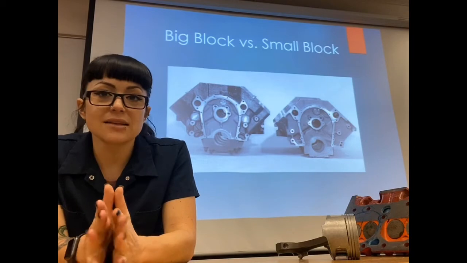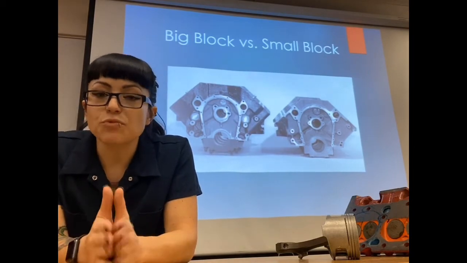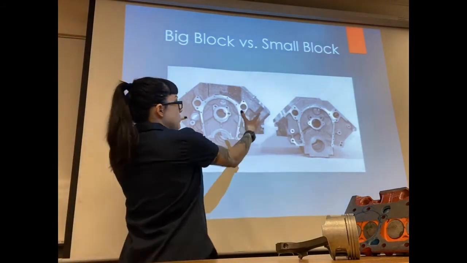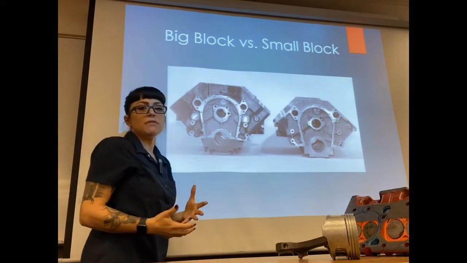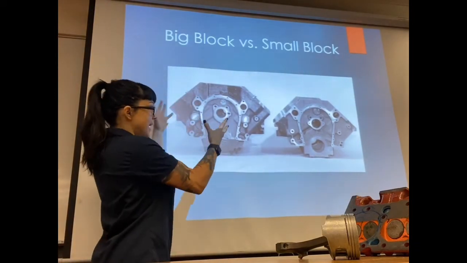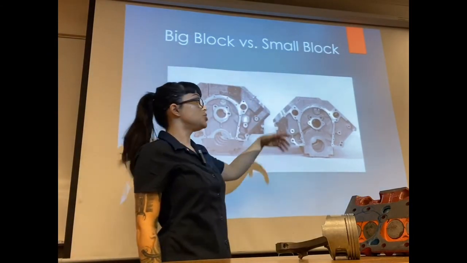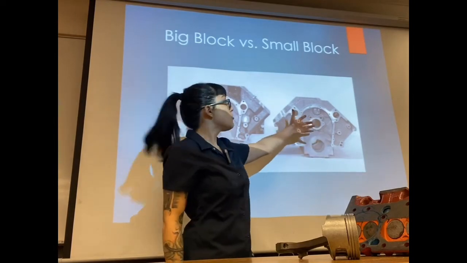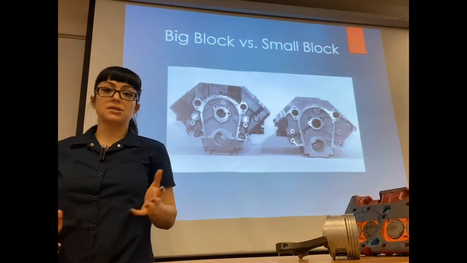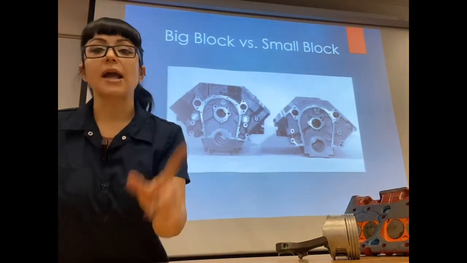But that's not necessarily the case for most everything. It's really about size. An example would be a Chevy 454, which is considered a big block because the block, the casing of everything, is significantly larger than something like a Chevy small block like a 350, where the block itself is in fact smaller if you were to put them side by side. One is also much heavier. So that's the difference between big block and small block.